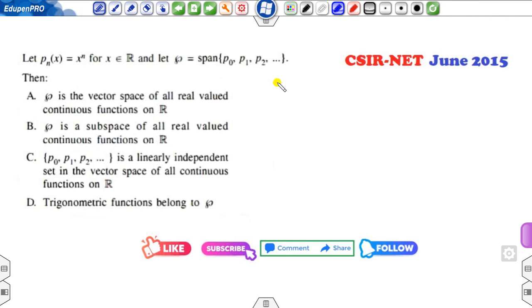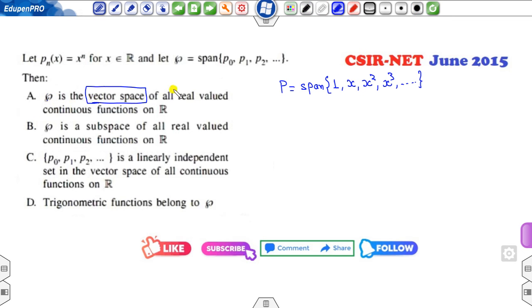Let P be the span of 1, x, x square, x cube, and so on. Fine. Span means a linear combination of these elements. Okay, fine. Then P is a vector space. We are not talking about the subspace.